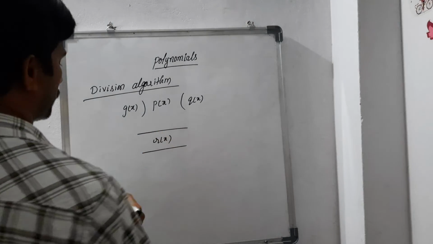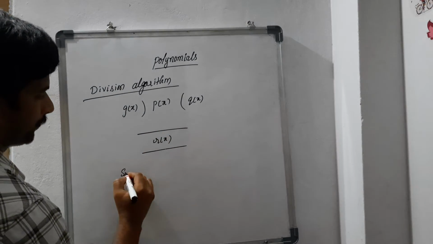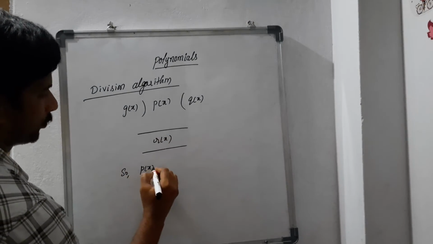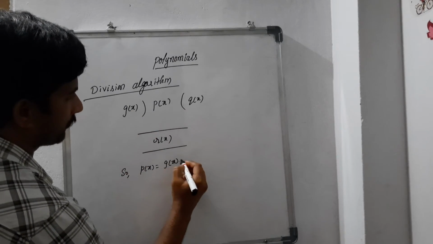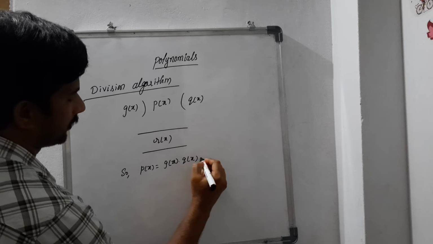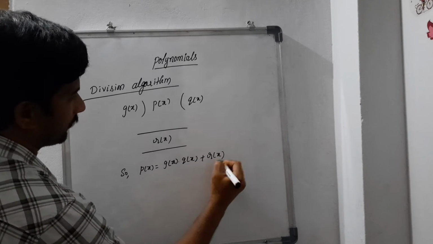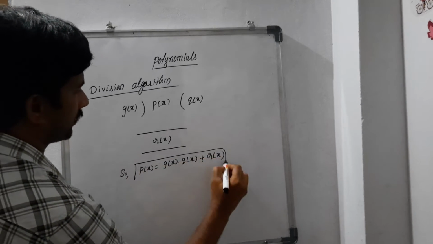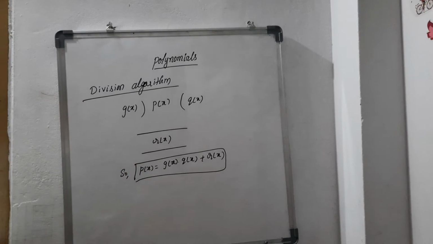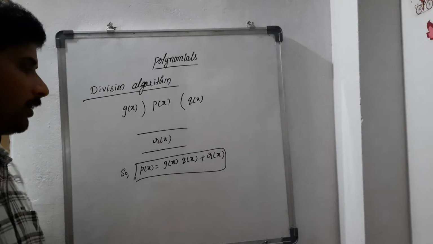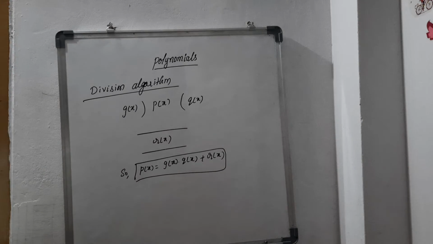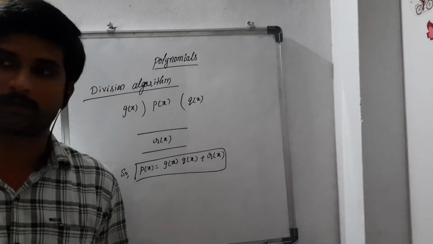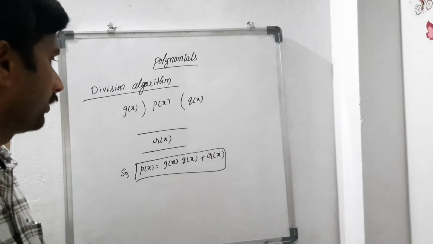Then the relation is: p of x, the dividend, is equal to divisor into quotient, g of x into q of x, plus r of x. So this is the division algorithm. Clear?